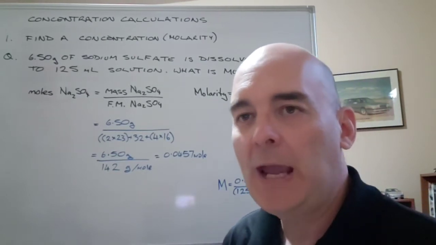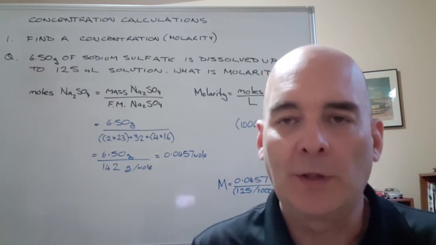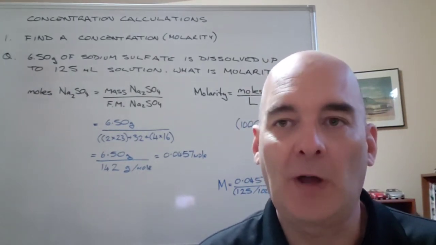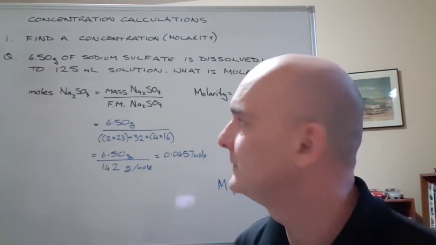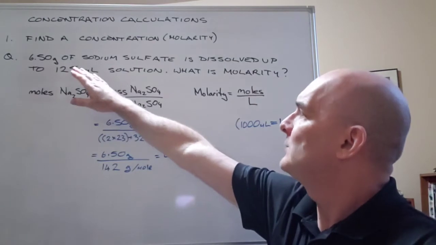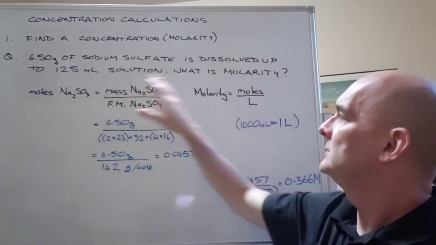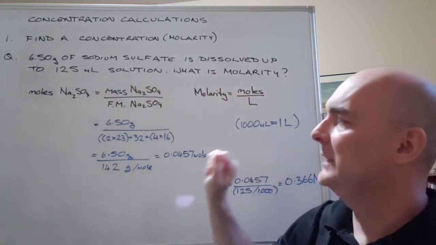Okay, let's look at some calculations based around concentration. The first we're going to start with is, given a mass and a volume, find a concentration in terms of molarity from those. 6.50 grams of sodium sulfate is dissolved up to 125 milliliter solution. What is the molarity?